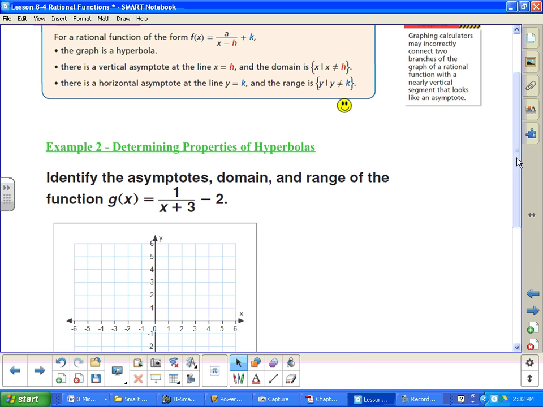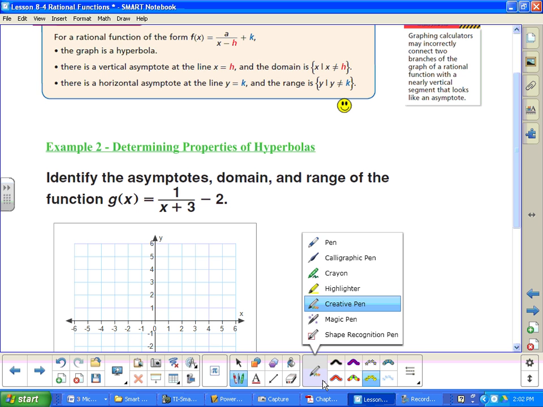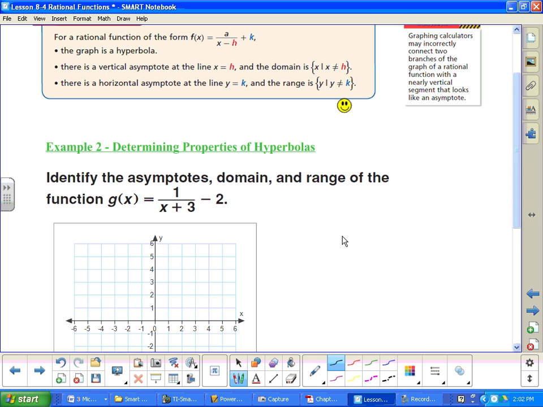So we need to, first of all, determine the values of h and k. So Amanda, what's the value of h for this function? -3.